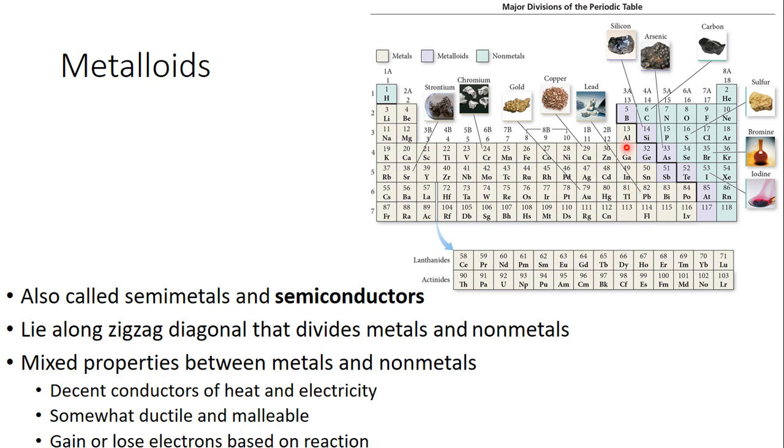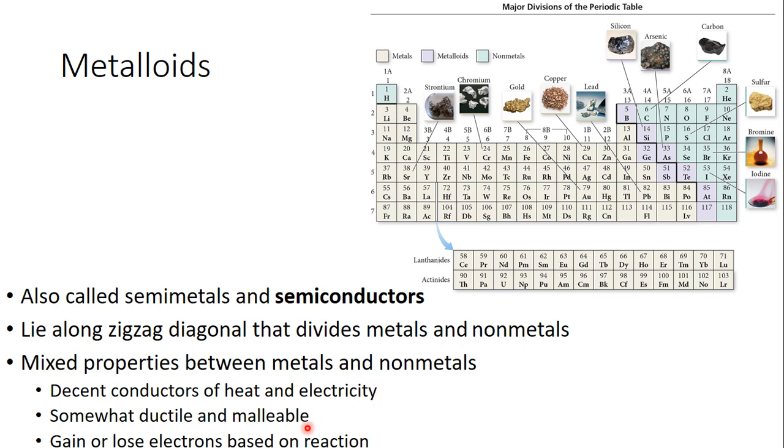Now, between the metals and the nonmetals, we have this zigzag line. Elements around this zigzag line are called metalloids, or semimetals, or semiconductors. These elements have properties of both metals and nonmetals. They're good at conducting heat and electricity, better than the nonmetals, but not as good as the metals.